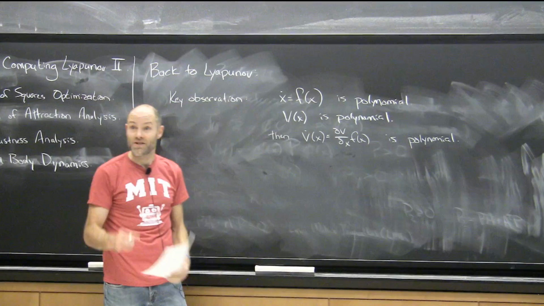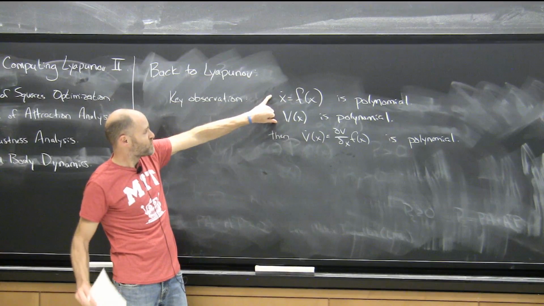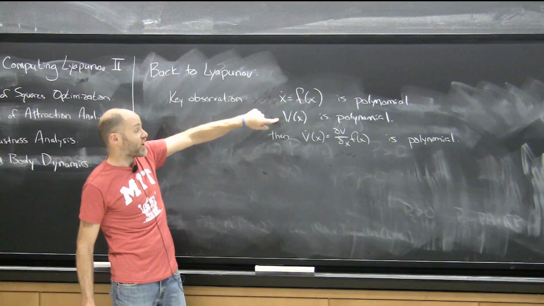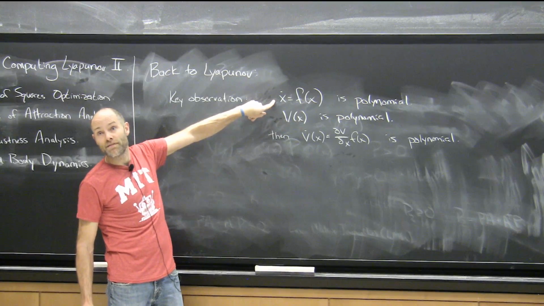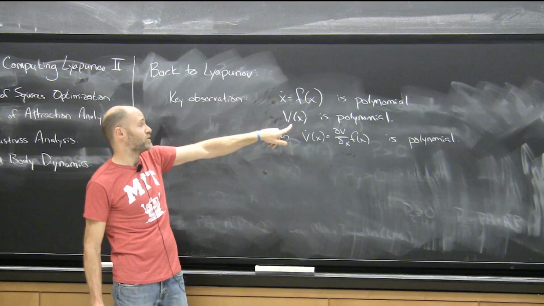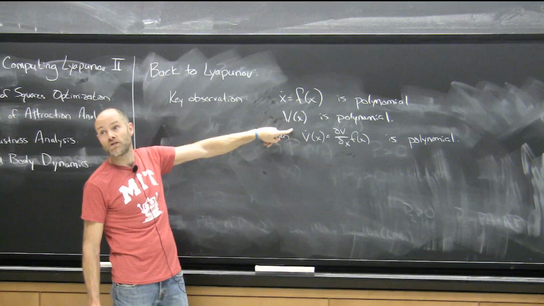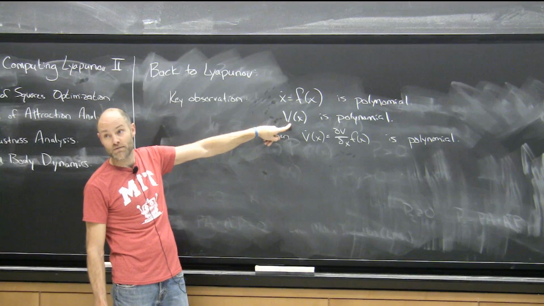Now, there's an interesting question. I didn't remember to put this in my handwritten notes, but there's another gap that's appearing here, which is that you could have an f(x) that is a polynomial dynamical system, which is stable. It's even stable in the sense of Lyapunov, but you can't prove that it's stable with a polynomial Lyapunov function V. So we're only searching over the polynomial Lyapunov functions, and we might not find one, even if the system's stable.